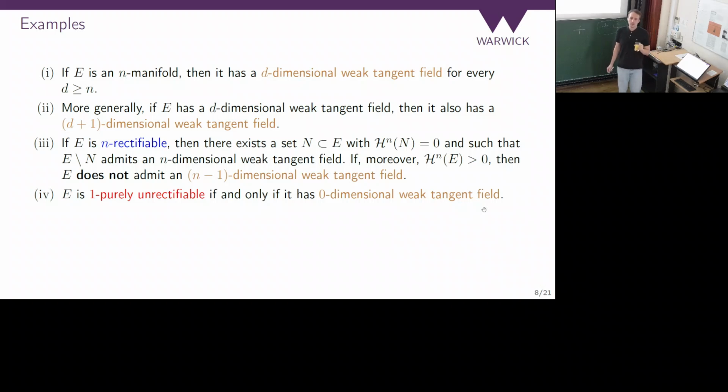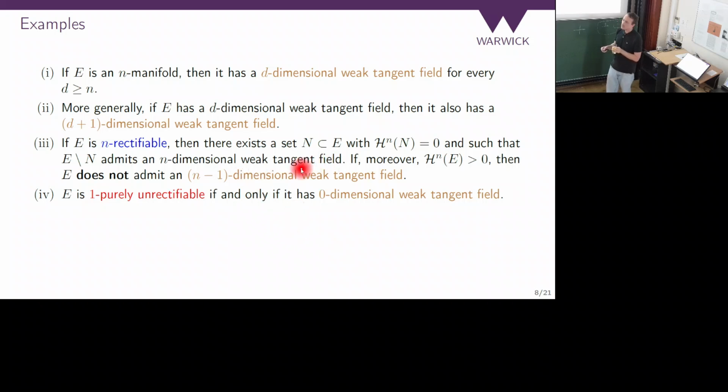So is E here not the images of the Lipschitz maps? Sorry, what? Is E the images of the Lipschitz maps? Or how do you find E? So if you are in rectifiable, sorry. Oh, sorry, yeah, there is an if missing. That's for the third one.